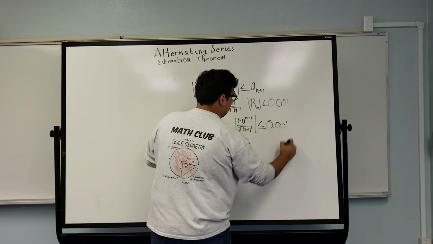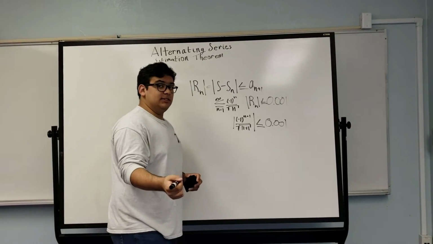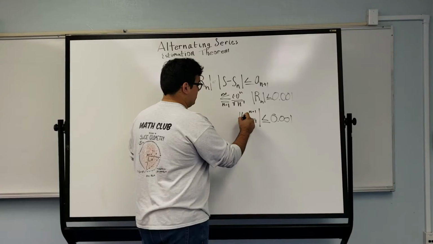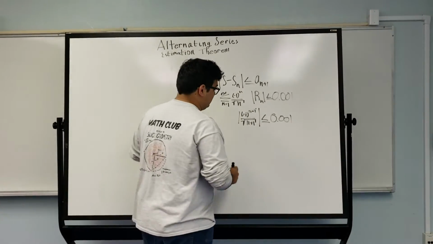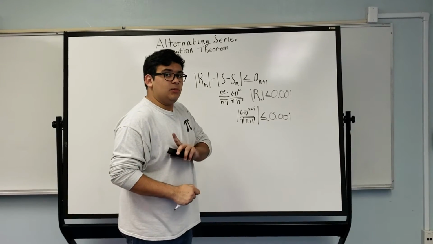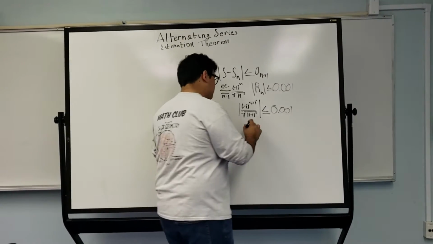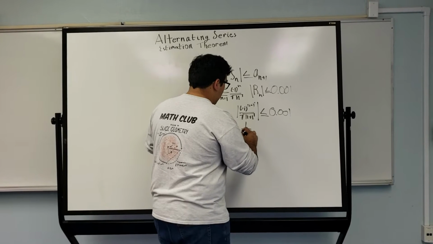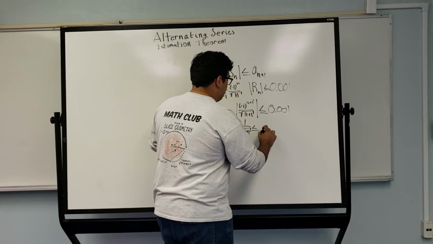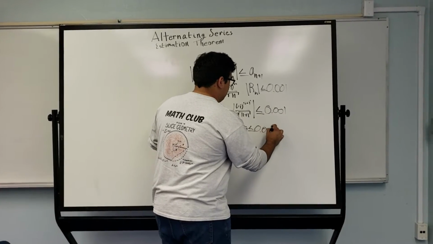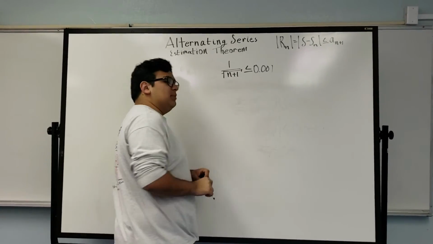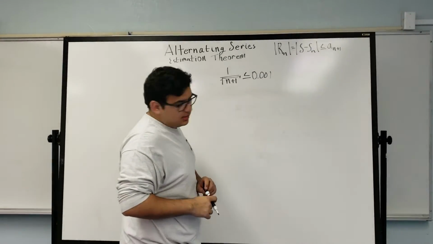Now, since we have the absolute value symbol across all this, we do away with the negative 1. And since we're dealing only with real numbers and we're taking the square root, that will always be positive. So we end up with 1 over square root of n plus 1 less than or equal to 1,000.